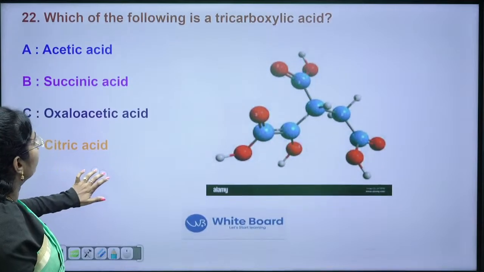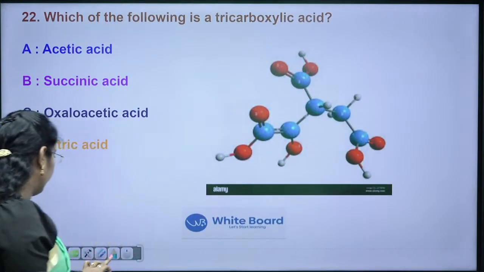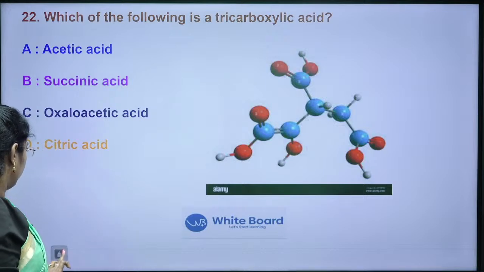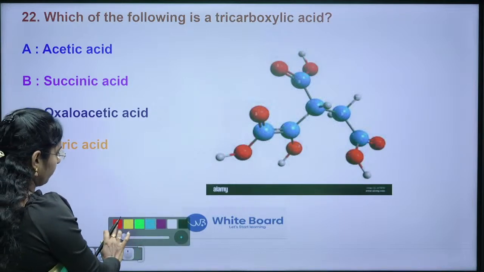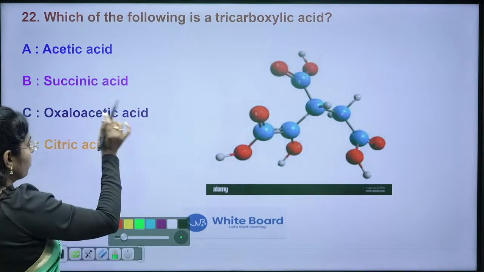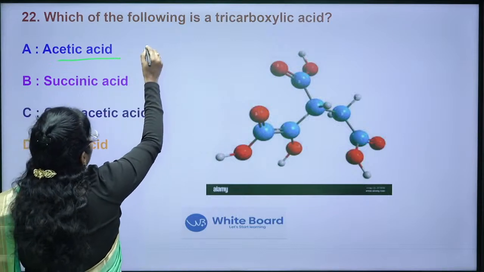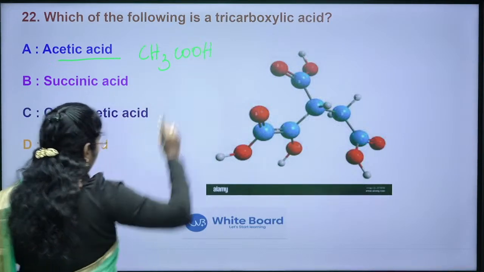Next question: which of the following is a tricarboxylic acid? What is the first option? Acetic acid, CH3COOH.